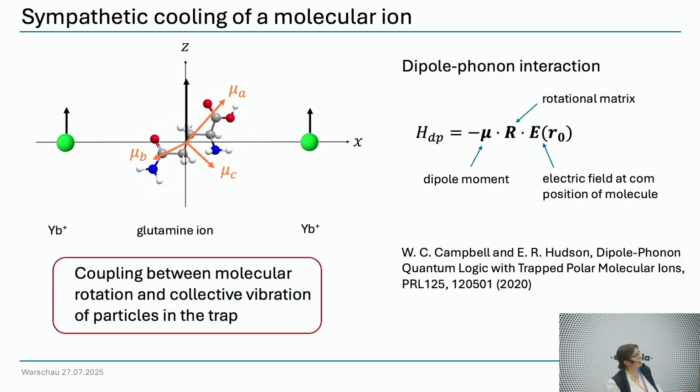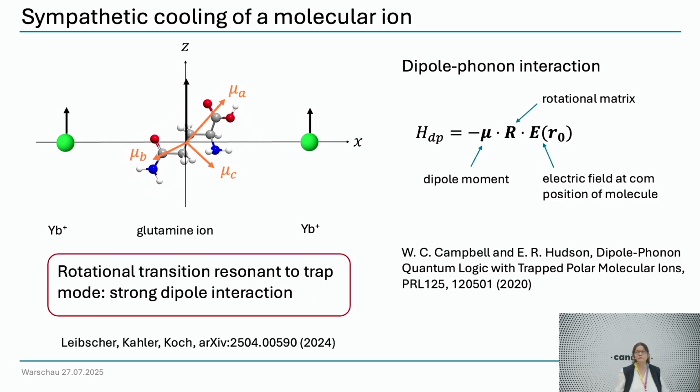That is, this dipole interaction couples molecular rotation to the collective vibration of the particles in the trap. And one can show that this coupling is at least reasonably strong if a rotational transition is resonant to one of those trap modes that couple the molecular and the atomic motion.